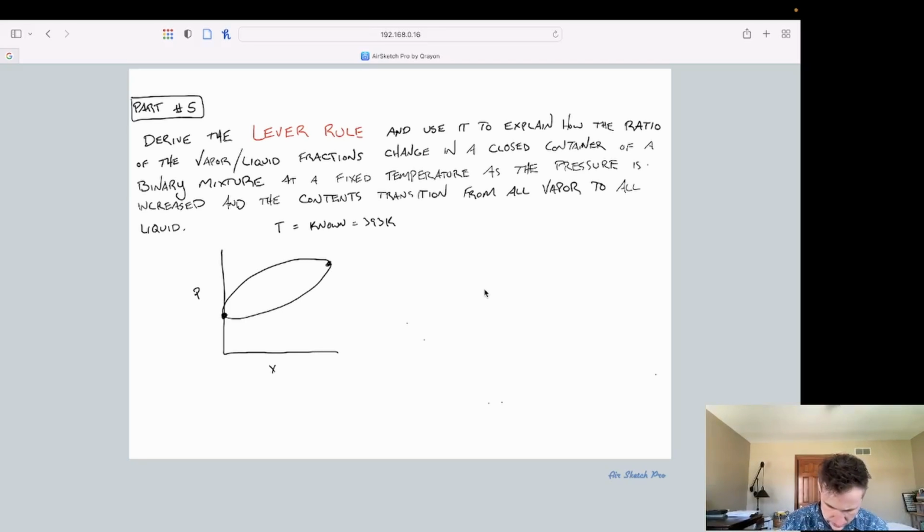And so, actually, let me make these two different colors, because this will signify this is our dew pressure curve, and this is our bubble pressure curve, because this is all liquid up here, and this is all vapor, because again, as the pressure increases, then it's going to condense into the liquid phase for whatever our mixture is.